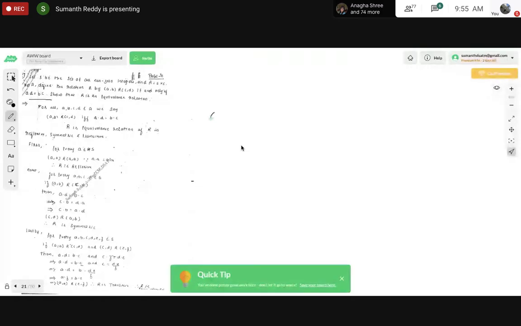Let me write the ordered pairs like this. One example I'll give: 4, 3 here, and 6, 2 here. Students, now I'm asking you, is this ordered pair related to this one or not?